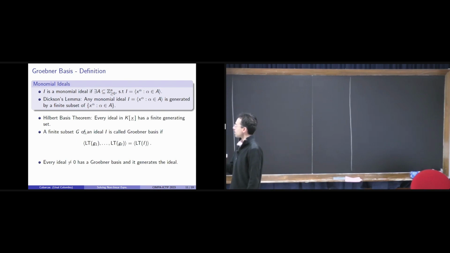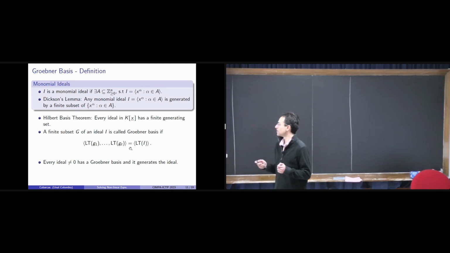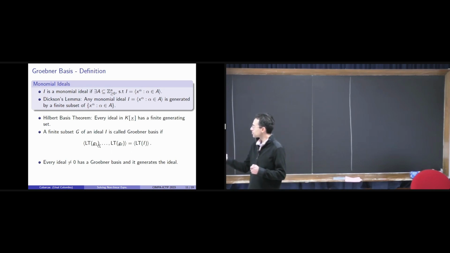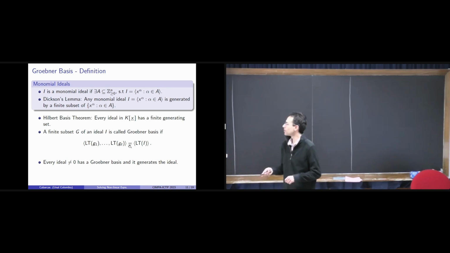A finite subset G of an ideal I is a Groebner basis if the ideal generated by the leading terms of G1 through GT is equal to the ideal generated by the leading terms of the ideal. So if the leading terms of the Gi's generate the whole ideal of leading terms.